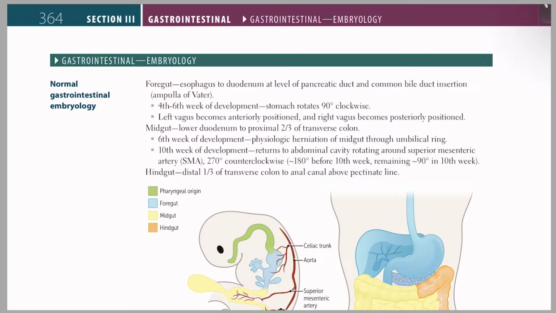Hindgut: distal one-third of transverse colon to anal canal above the pectinate line.